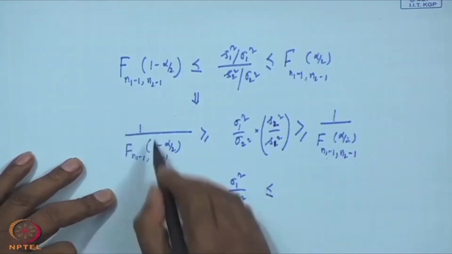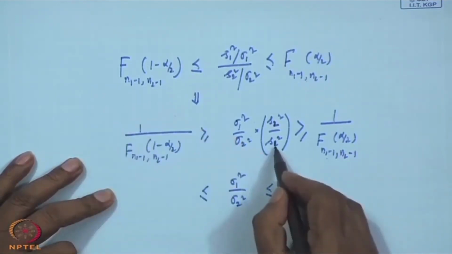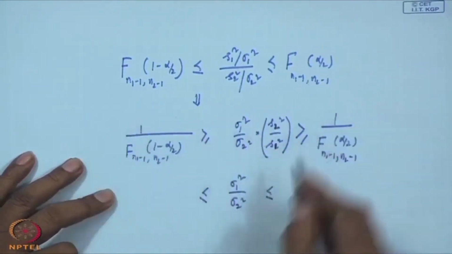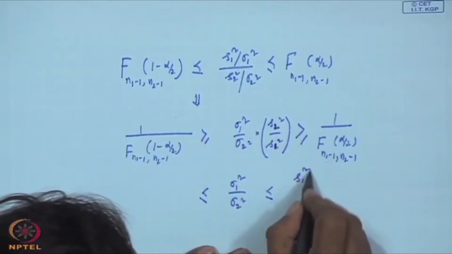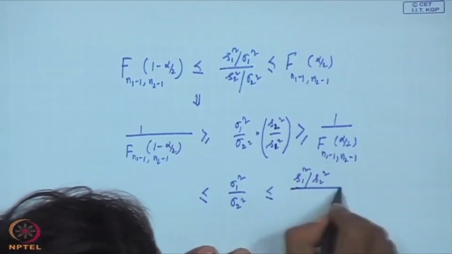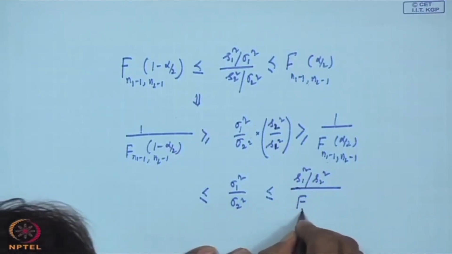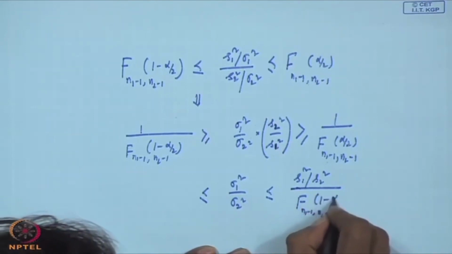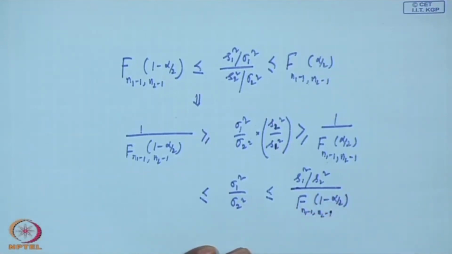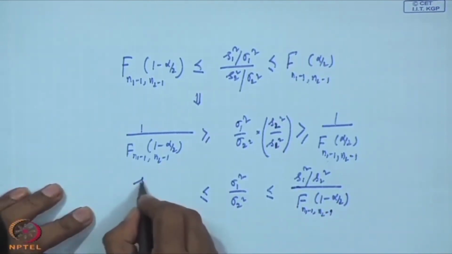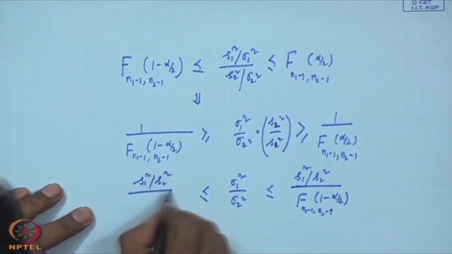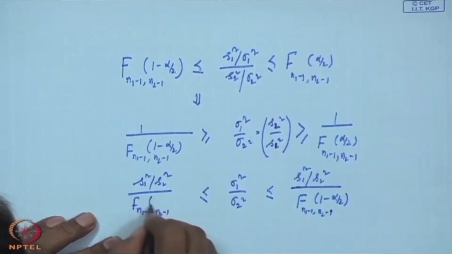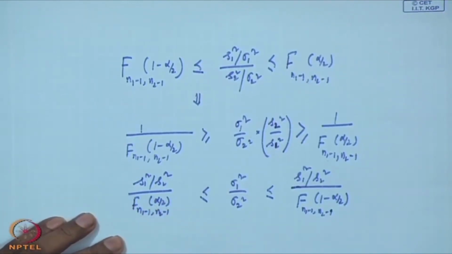So what will happen, this side portion will come here, and S 1 square, if I take it out to this side as well as this side, then here S 1 square by S 2 square divided by f n 1 minus 1, n 2 minus 1, 1 minus alpha by 2, and this side will be S 1 square by S 2 square by f n 1 minus 1, n 2 minus 1, alpha by 2.